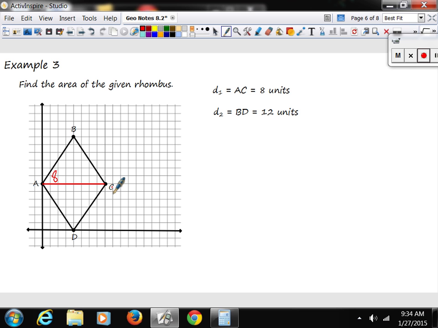That's a horizontal line. And then you put the second diagonal in, and you count that one. That one has a length of 12. So diagonal 1 times diagonal 2 divided by 2 is the formula you could use for that rhombus. 8 times 12 is 96. Divided by 2 and you get 48.